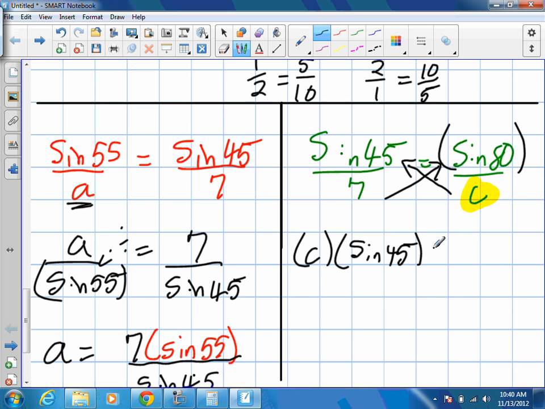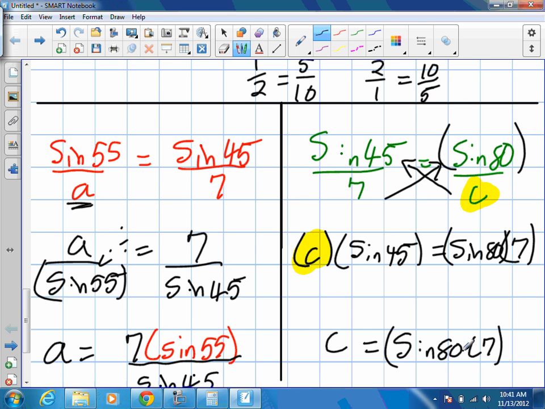Our goal is to still what? Isolate what number or letter? C. So I've got to move sine 45. How do I move that? We're going to have to divide. So then we're going to be left with C is equal to sine 80 times 7 divided by sine 45.